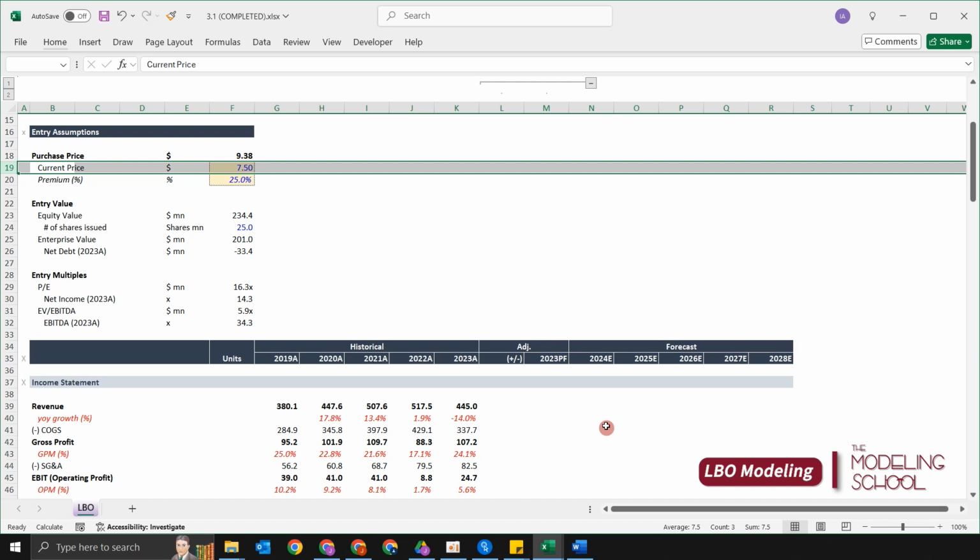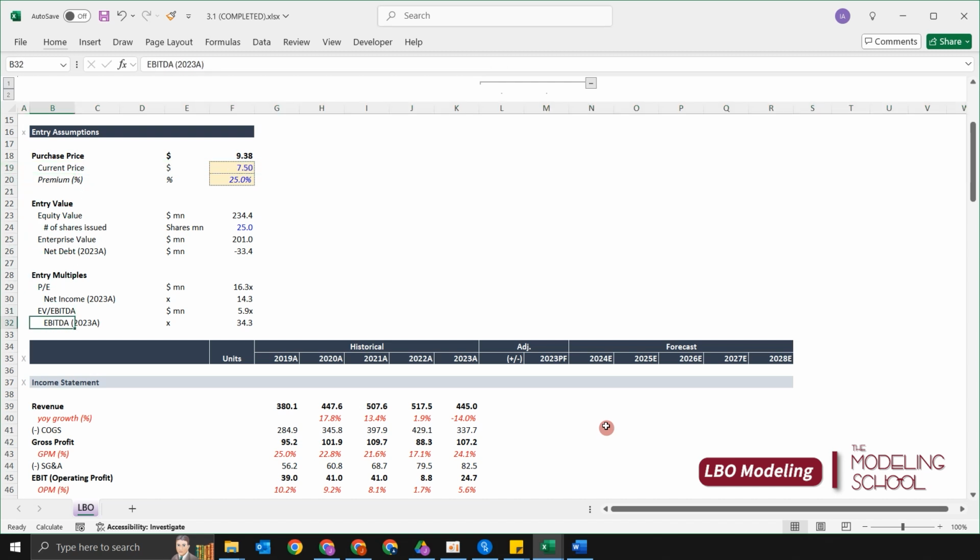But generally, it seems very low, even for a consumer industry stock. It seems pretty low. Let's just put in some random numbers to see if these are working properly. Let's say a 50% premium, and the multiple goes up, but still not that significantly because the starting multiple is very, very low.